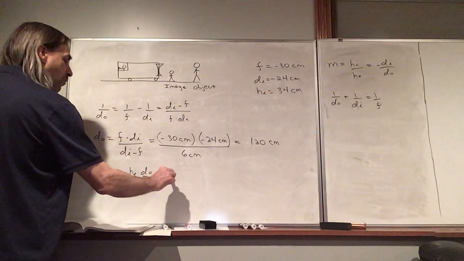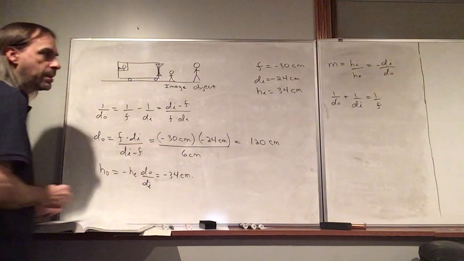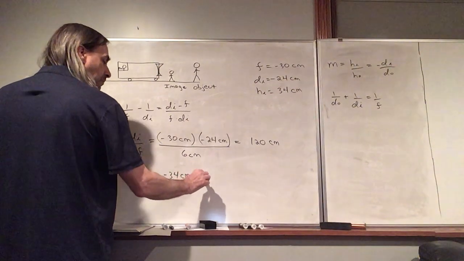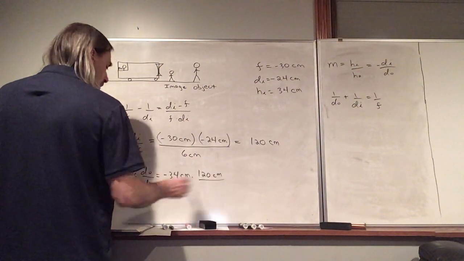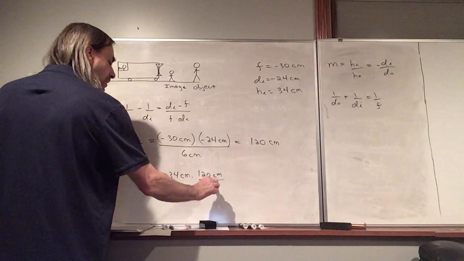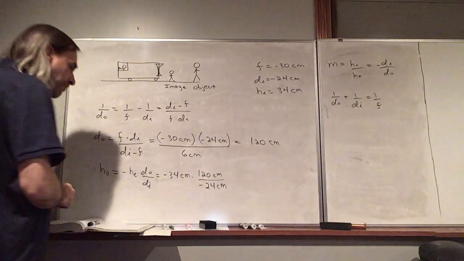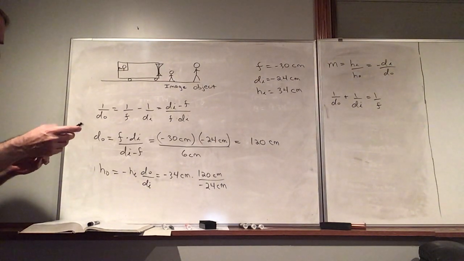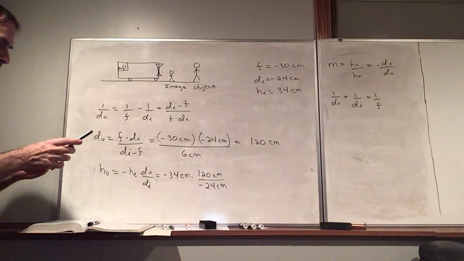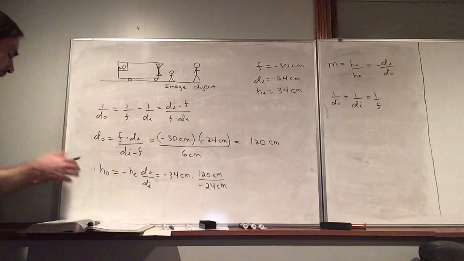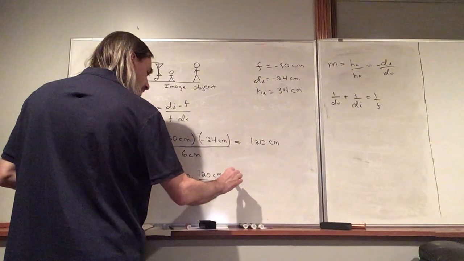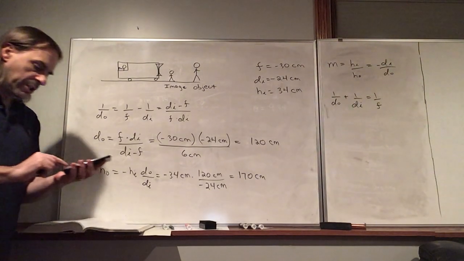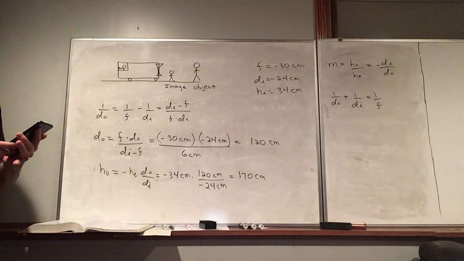That'd be minus 34 centimeters times DO, which is 120 centimeters, divided by DI, which is minus 24 centimeters. Just plug that in. So I'm getting 170 centimeters, which is 1.7 meters, which is reasonable.